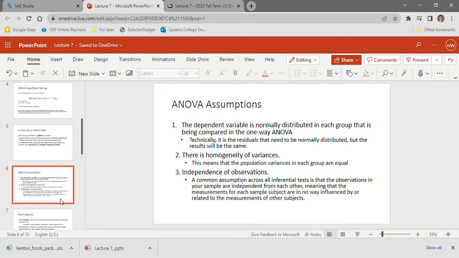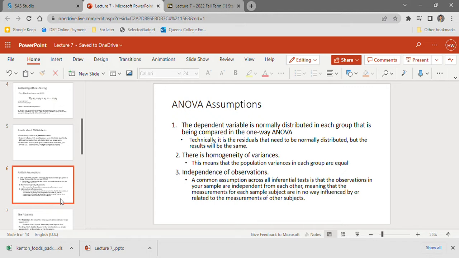And then an independence of observations, right? And let's go through this. A common assumption across all inferential test statistics is that the observations in your sample are independent from each other, meaning that measurements for each sample are in no way influenced by or related to measurements of other subjects, right?